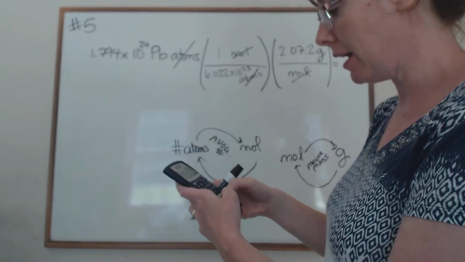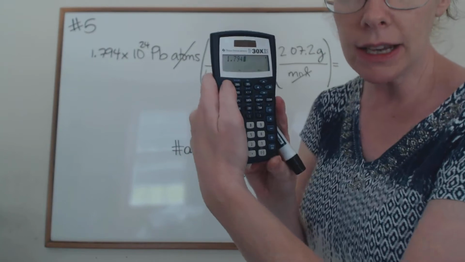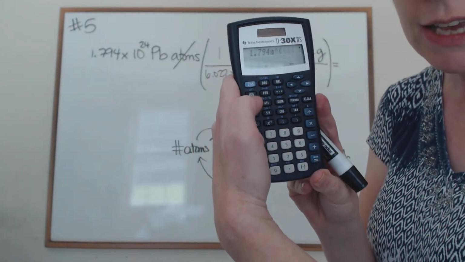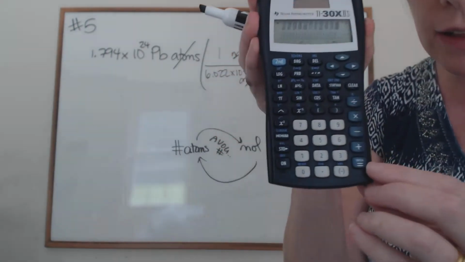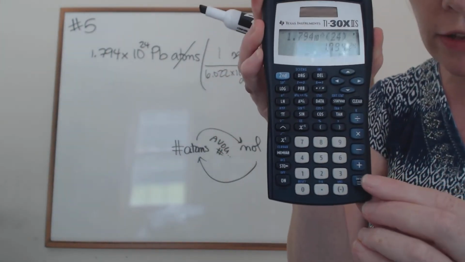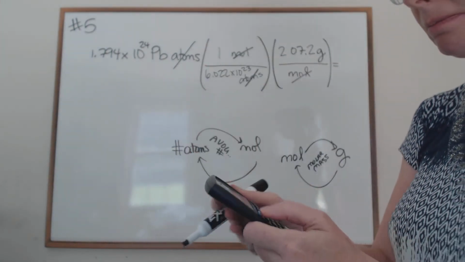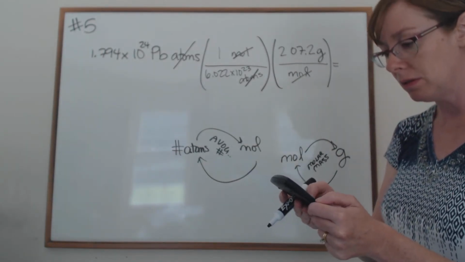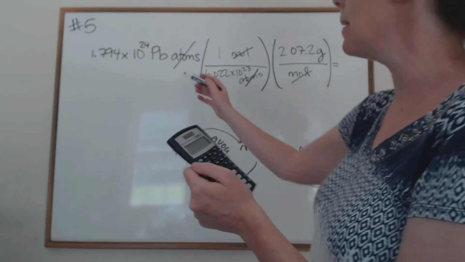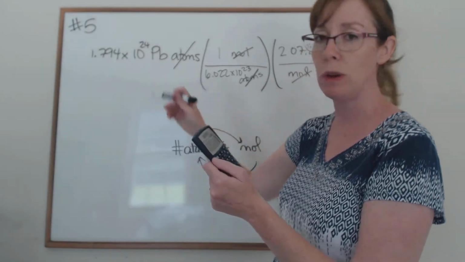Now, 1.794. I'm using the second log function to get times 10 to the 24. When I enter that in, I just press enter. Let your calculator accept the number, 1.794 times 10 to the 24.